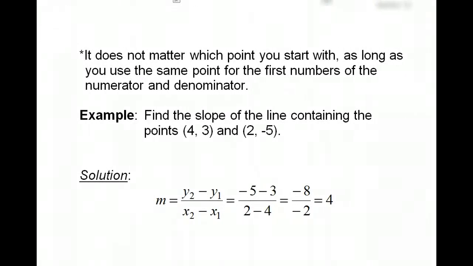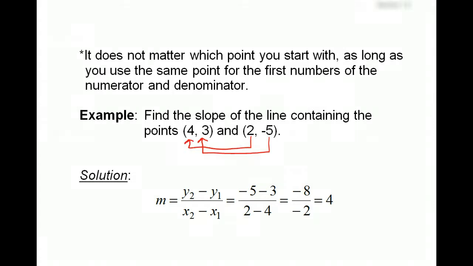When we find the slope of a line containing, in this case, the point 4,3 and the point 2,-5, the slope is the change in y over the change in x. So in order to find that out, we would take one point. In this case, it looks like we're starting with this point, and I would subtract the y's, that's -5 minus 3, and then I would subtract the x's, 2 minus 4.